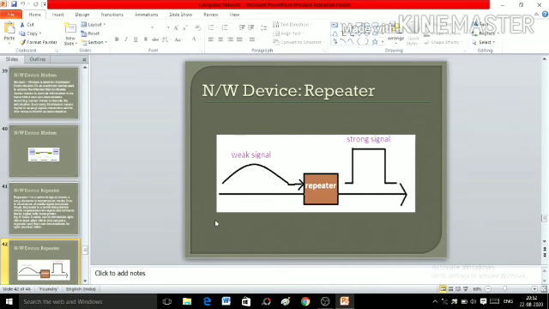Now if your destination is greater than 185 meters, then you have to use a repeater after 185 meters, and the repeater will again amplify your signal and make it a strong signal, and then your signal can travel 185 meters more to reach the destination.